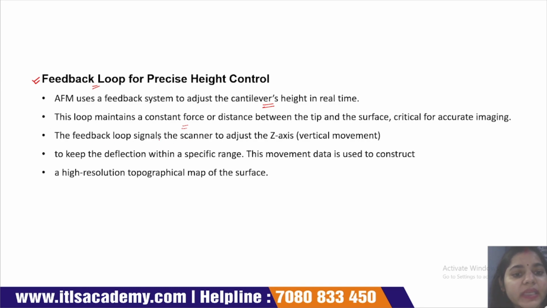The feedback loop signals the scanner to adjust the z-axis or vertical movement, to keep the reflection within a specific range.